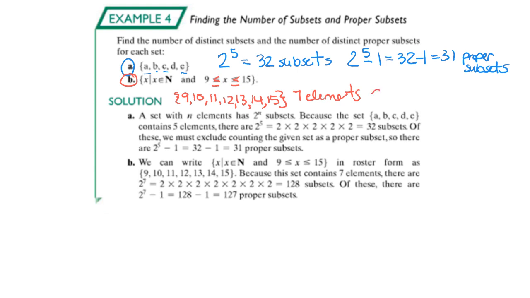So 2 to the 7th power is going to give you 128 subsets. And if I say 2 to the 7th power minus 1, we're going to get 128 minus 1, or 127 proper subsets.